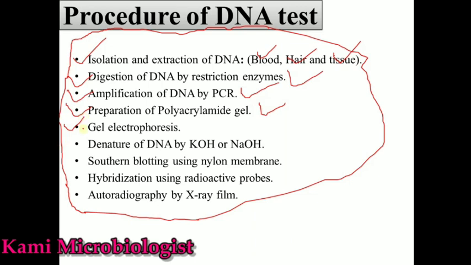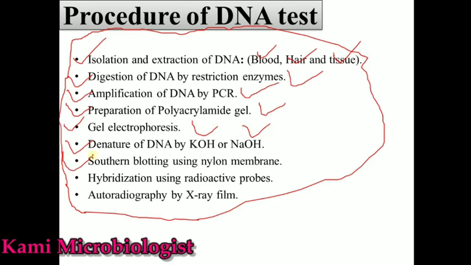After that, we have to denature the DNA using a solution which we call sodium hydroxide or potassium hydroxide. Denaturation of DNA doesn't mean the degradation or digestion of DNA. It means the two strands of the DNA are separated using these two solutions.